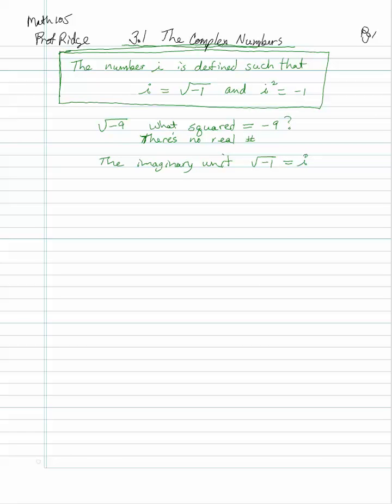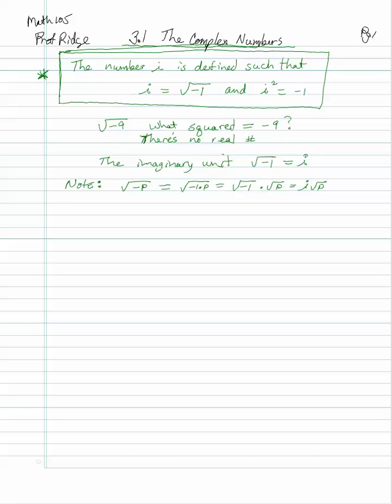And if you square both sides, then you get i squared equals negative 1. So that's by definition. This is a big idea. And then it turns out that all the properties that satisfy a number system are satisfied with this condition. And then we created a whole new number system. So we call it the complex number system.